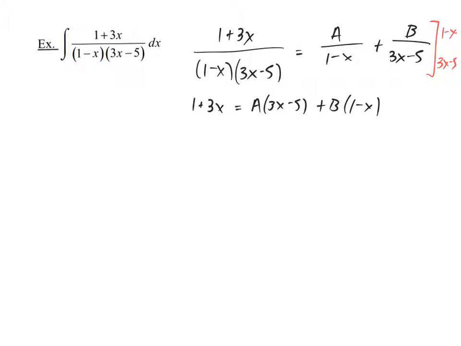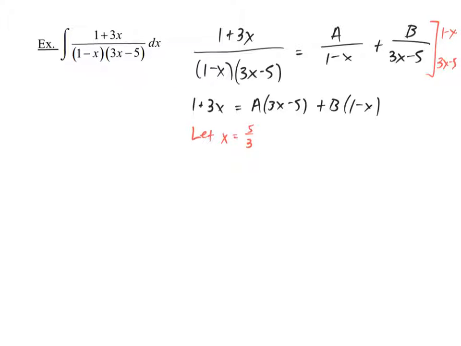Okay, so letting x be a couple of really clever numbers, I'm going to first of all let x be equal to 5/3, and that's going to get rid of this term that has a in it, and it's going to leave me with the left-hand side and this term right here.